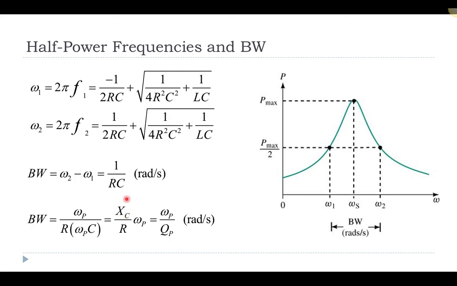So I have capacitive reactance over resistance times the parallel angular frequency. If I take the inverse of that, that's the quality factor. So the bandwidth can also be written as the resonance frequency over the quality factor, and this would again be in units of radians per second.